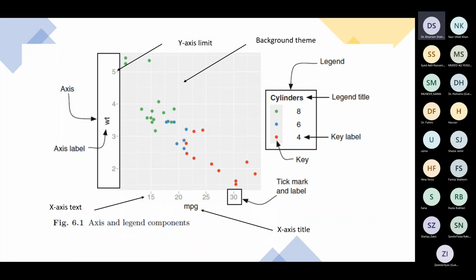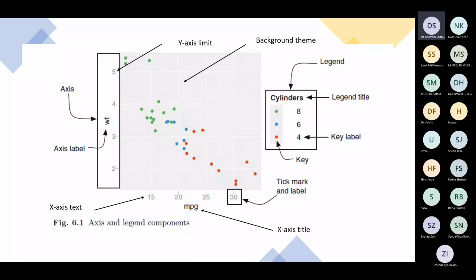Some journals have specific requirements, so your graph should be of this length and your background should be this color. You can do all these things, and in today's lesson we will do how to adjust all of them. So this is the graphic component.